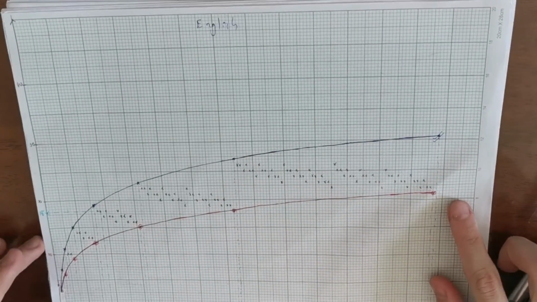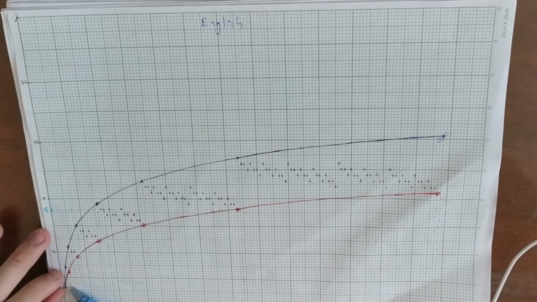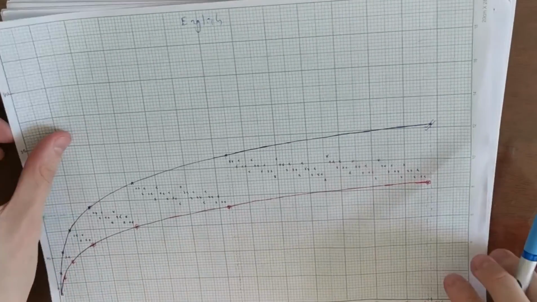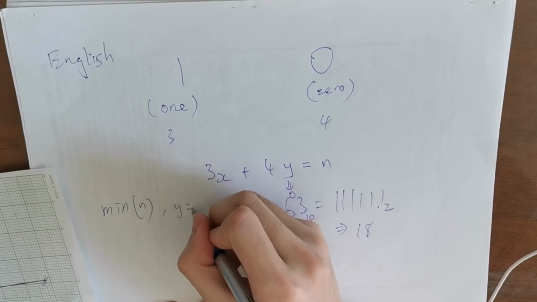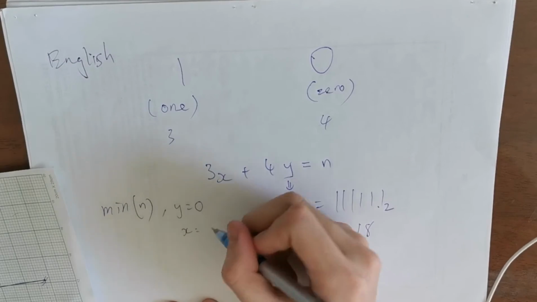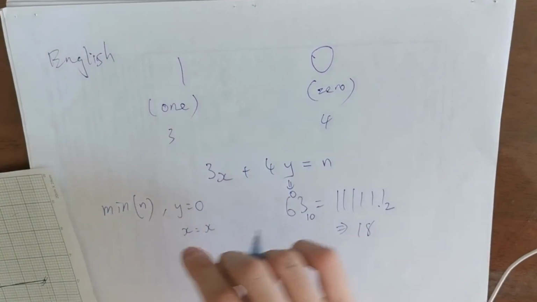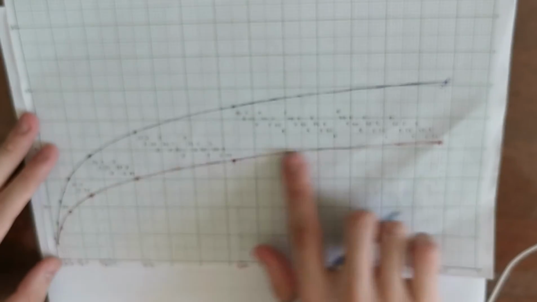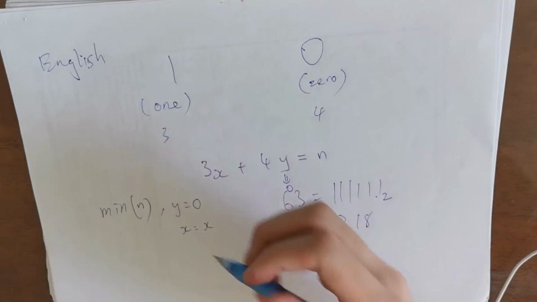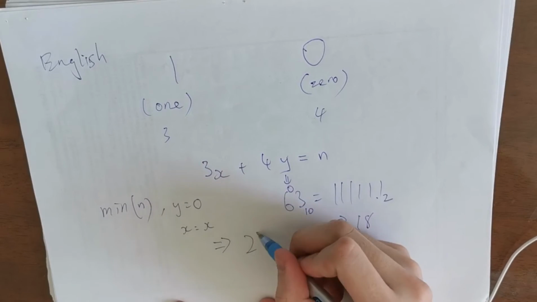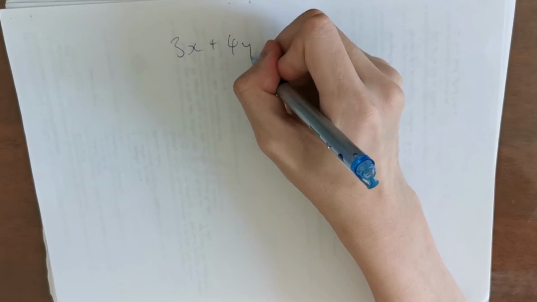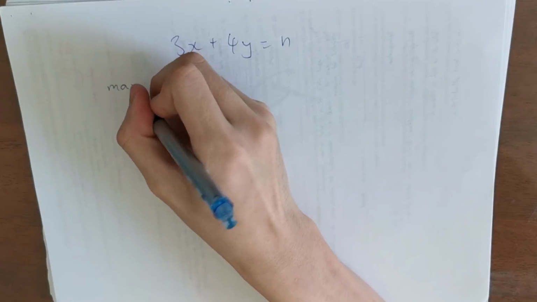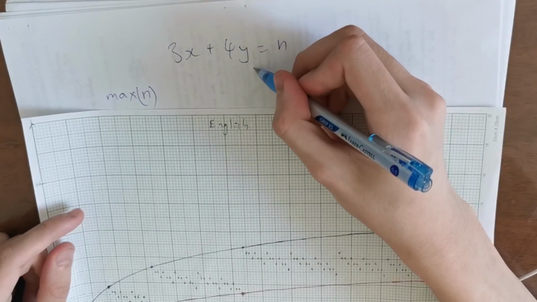Okay, so you can see that there's a lower boundary because for a minimum n you need y to be 0, and x could be any number. So that gives you a lower bound. So in this case the number is essentially 2^n minus 1. Now for the maximum of n, you need a maximum of y.